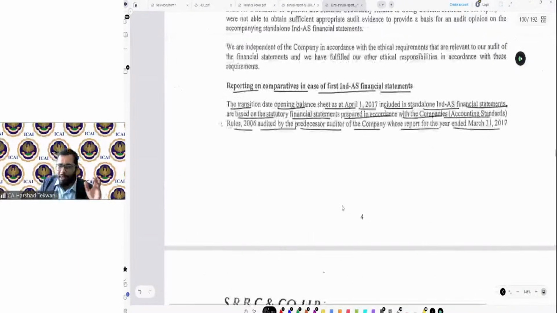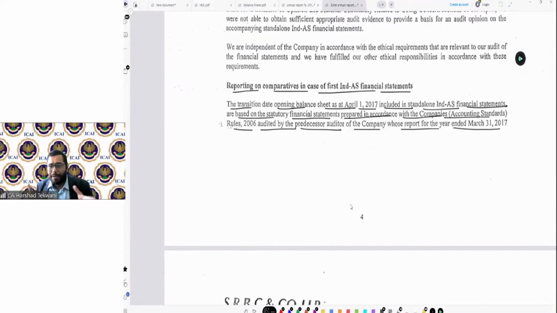So this is a very specific case where the comparative figures, comparative information plus a disclaimer of opinion is playing an important role. And that's why you would see a mix of opinion, where I have reported upon the comparative information. This is comparative information.